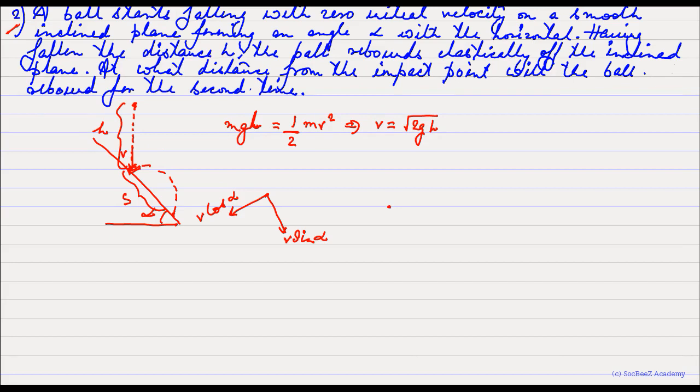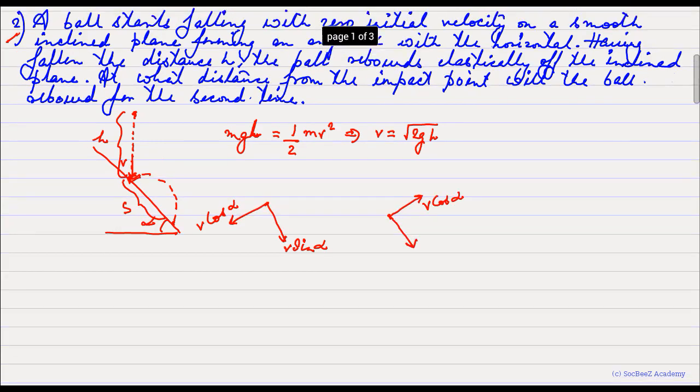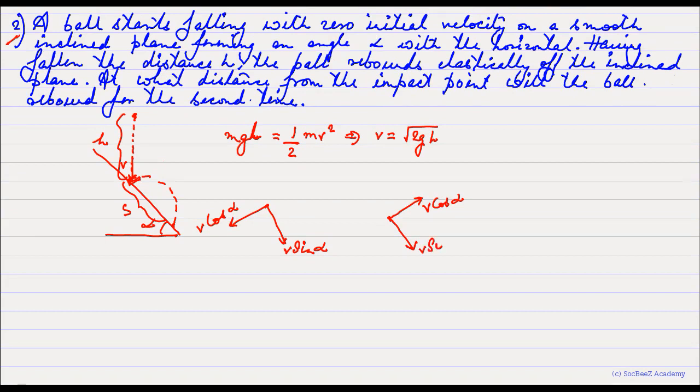The perpendicular component of the velocity after the collision would be v cos of alpha in this direction, and the parallel component would be v sin of alpha. Now this is going to be the state of the ball just after the collision with the inclined plane.